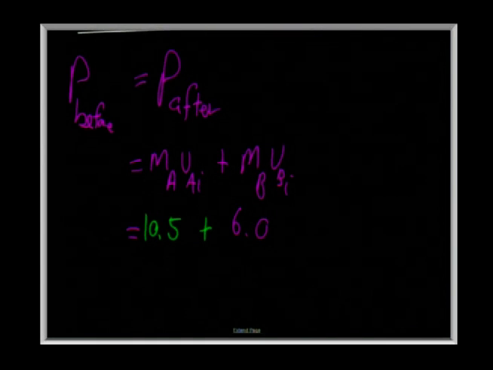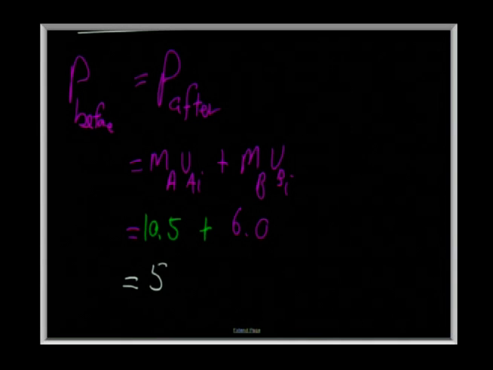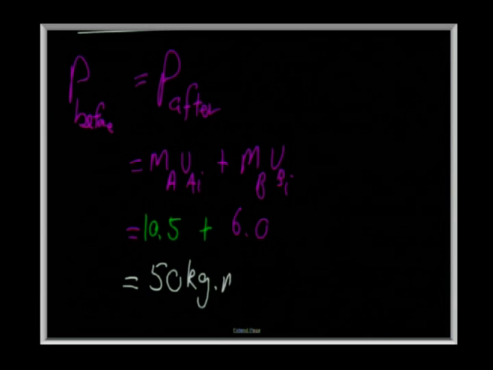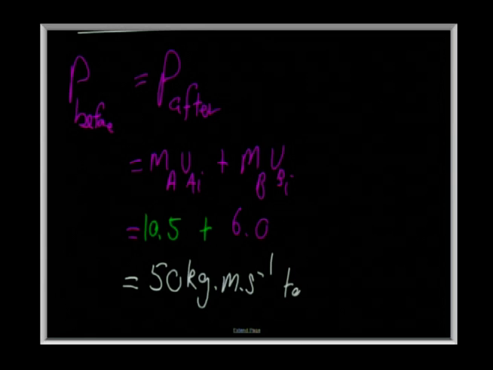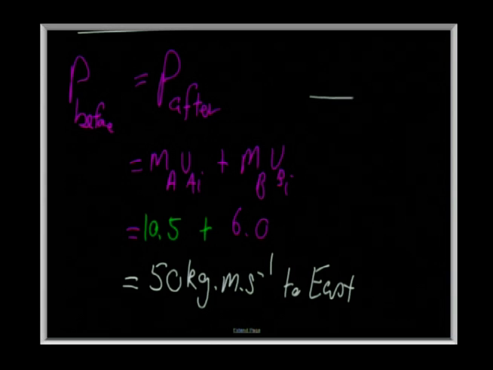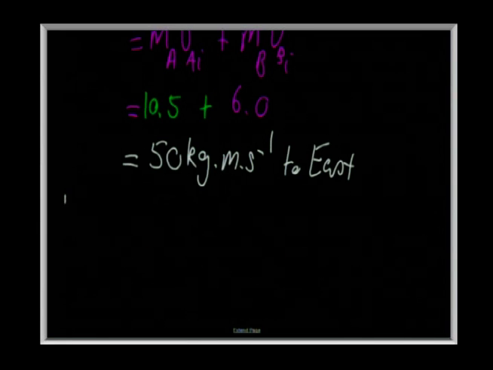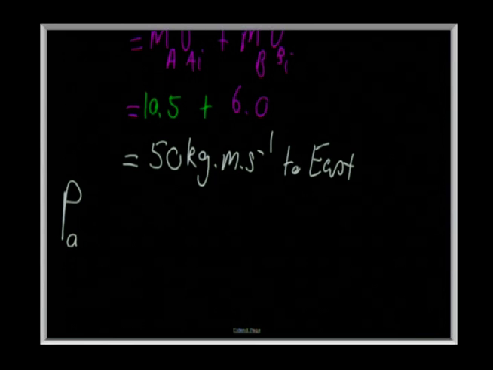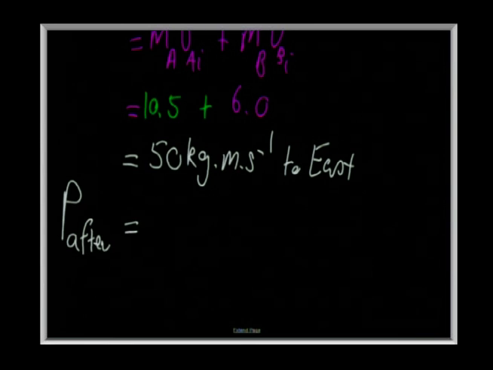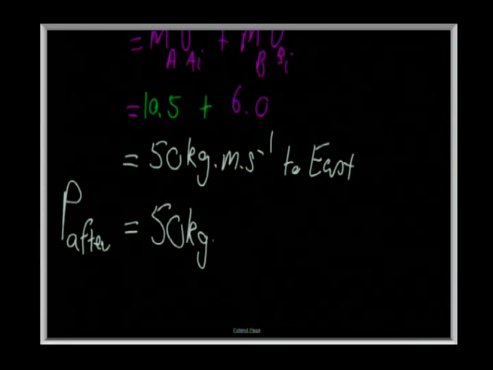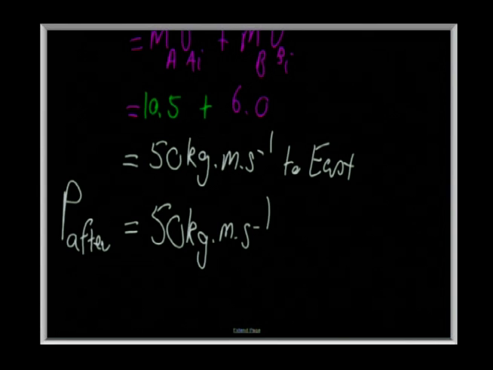So we get that the total momentum of the system before collision is 10 times 5, which is 50 kilograms meters per second to the east, because it was all going to the east. Let's take the east as our positive direction. Now, our next statement is that momentum after collision is equal to 50 kilograms meters per second to the east. Now we know that.